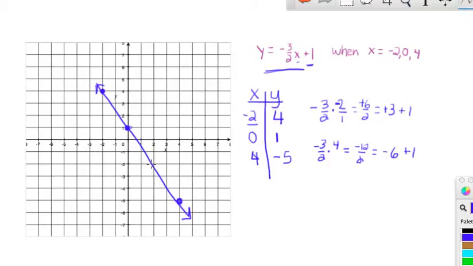Down 3, right 2, and up 3, left 2. You get the same line. This will be called graphing by plotting points. That means make a little chart, sub your numbers in for x, get the y value, and then plot your points.